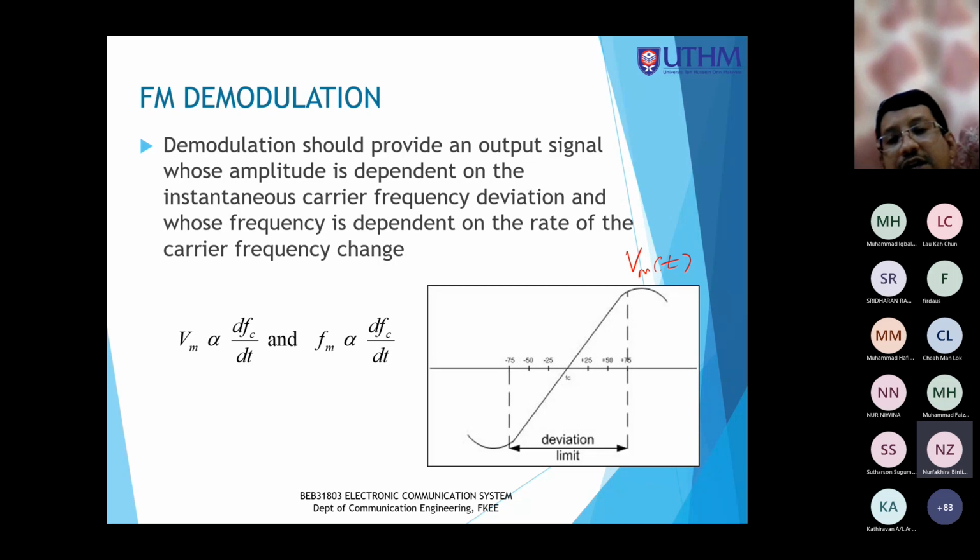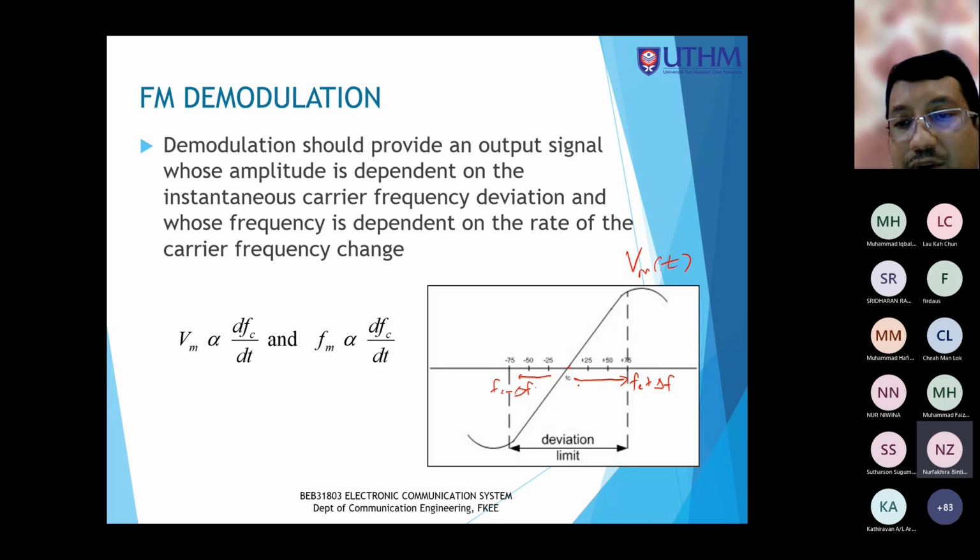Okay, so you see this graph, just to show you that the input signal varies in terms of frequencies from FC until FC plus delta F, and then FC towards FC minus delta F. Whenever the input signal changes in terms of frequencies, we are going to produce the output like this.